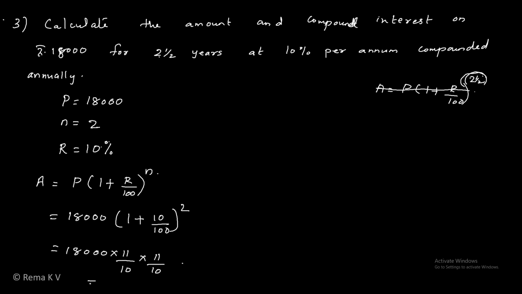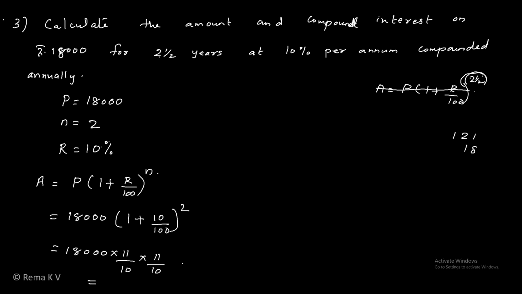Simplify this and find your answer. Eleven square is 121 into 18.